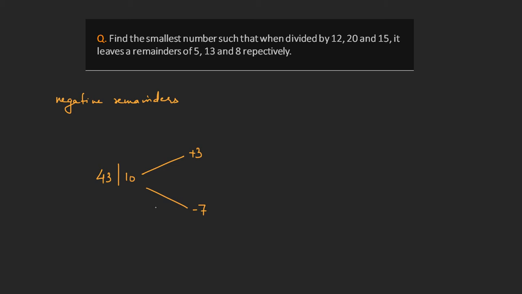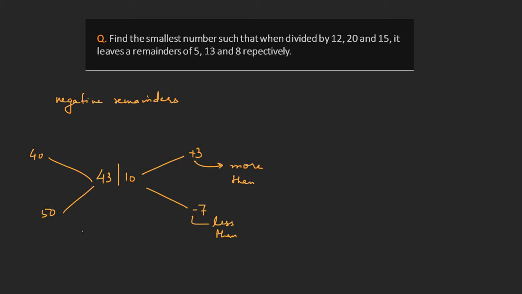The 2 multiples of 10 closest to 43 are 40 and 50. The positive remainder tells us that 43 is 3 more than the lower multiple. And the negative remainder tells us that it is 7 less than the larger one. So both the remainders are meaningful and valid. It's just about which multiple you take as your reference point.